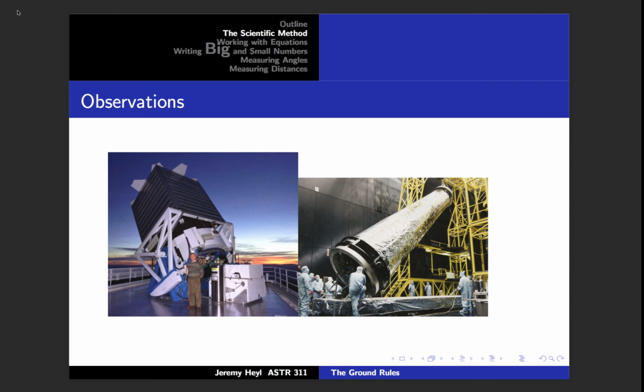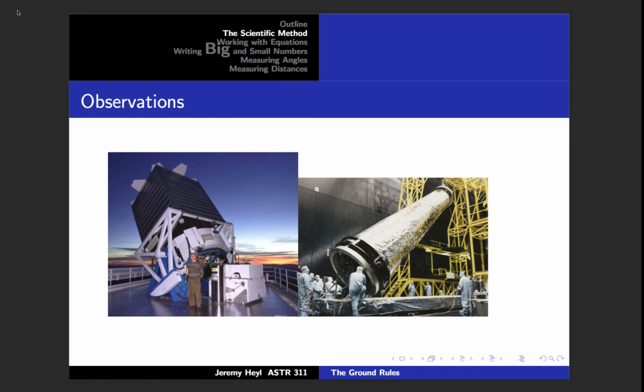For the most part, although recently we have other sorts of instruments that we use to make observations. So on the left is a telescope in New Mexico that was used for the Sloan Digital Sky Survey. It's a telescope on the ground. It measures radiation from the sky, essentially the same radiation that we can see, the same range of wavelengths as what we can see.